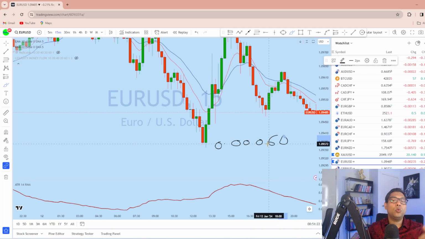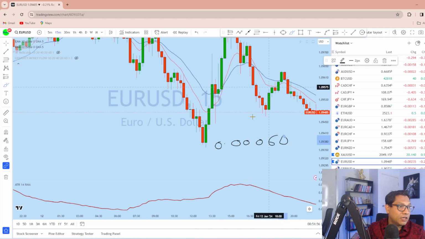To understand it, we need to know how to read pips. If you are trading, you know that, for example, if you look at this EUR/USD, what do you see in this value? 1.0948. So we know that in USD pairs, the fourth decimal is where the pip is, except for JPY pairs. So if you see an ATR value like that, you need to go to the fourth decimal.